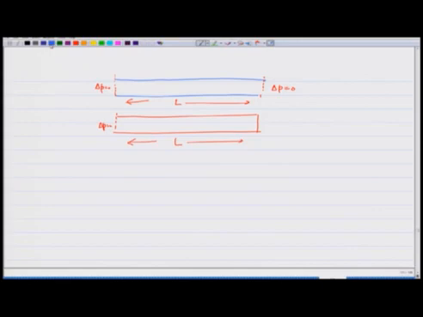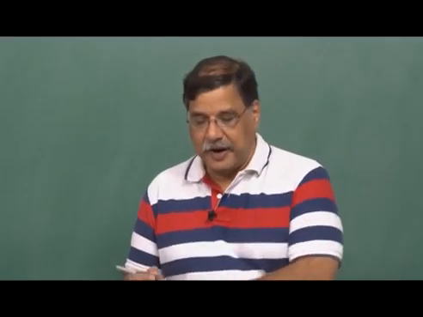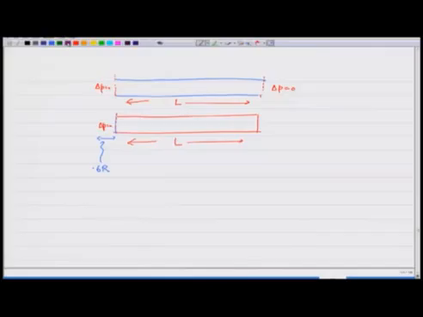What happens in the air column case is that the node, or the delta P 0, does not come exactly at the end of the pipe, but slightly outside, and this distance happens to be 0.6 times r. You can take it to be an experimentally established fact. Similarly, if the pipe is open at both ends, the node on both sides occurs at a distance of 0.6 r, where r is the radius of the pipe.